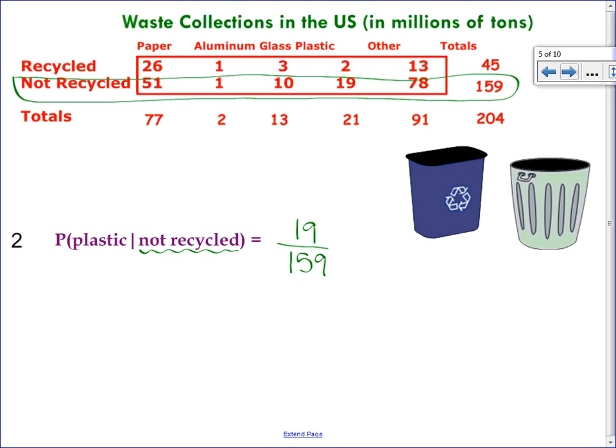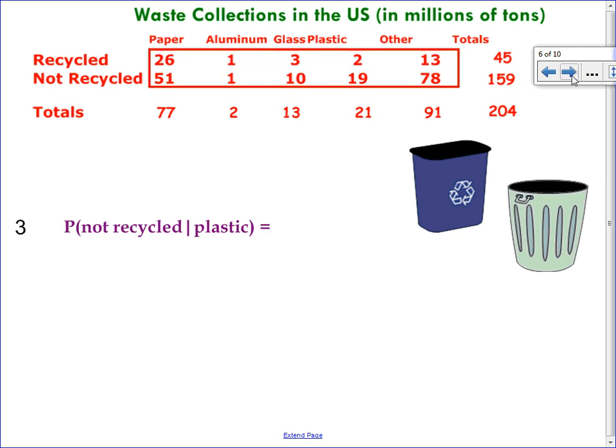Moving on to number 3. Probability of picking a not recycled item if I tell you it is plastic. So now we're just looking at the plastic items. So there's 21 for our total, the not recycled, 19.